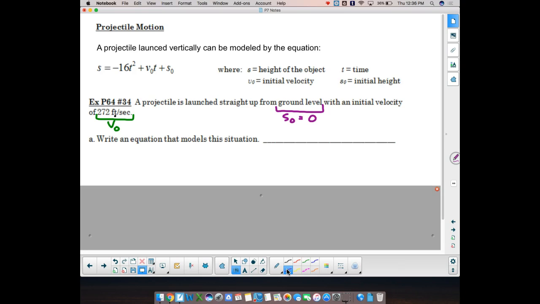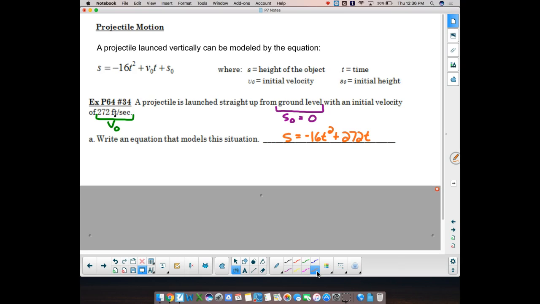Okay? So question A says, write an equation that models this situation. Well, the equation would be S, my height, is equal to negative 16t squared plus 272t plus 0.